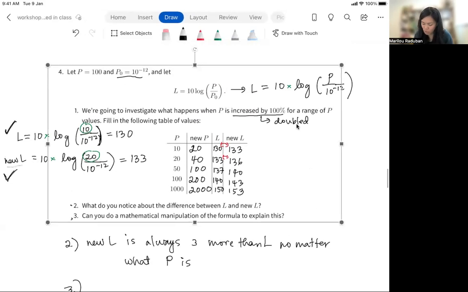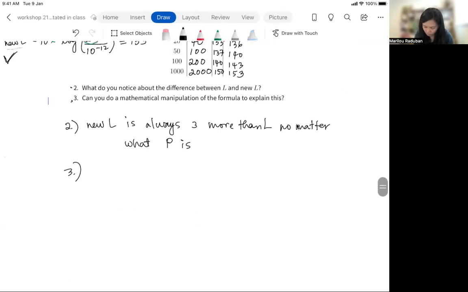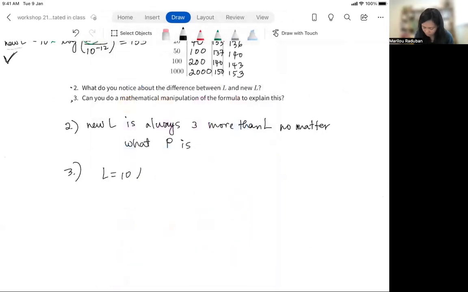So what changed in the formula? This is your formula. L is equal to 10 log P divided by 10 to the exponent negative 12.